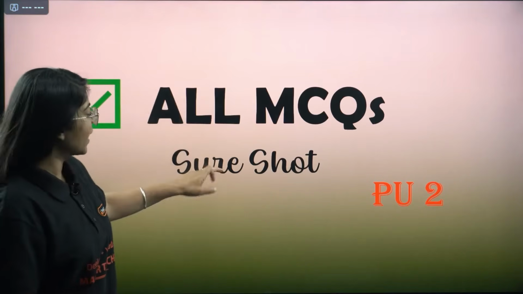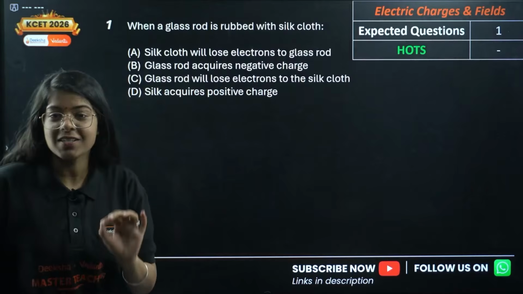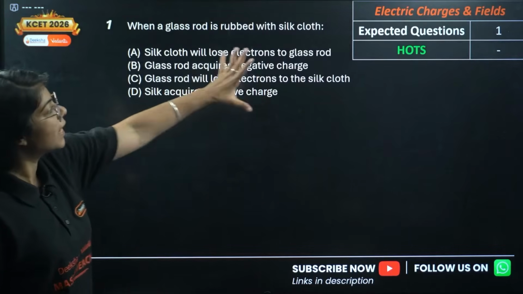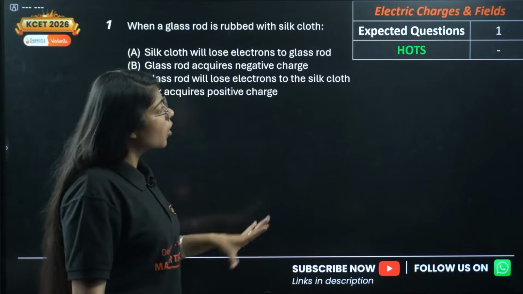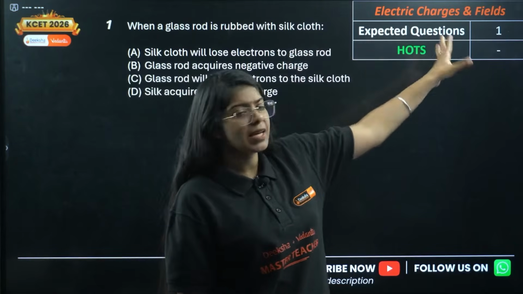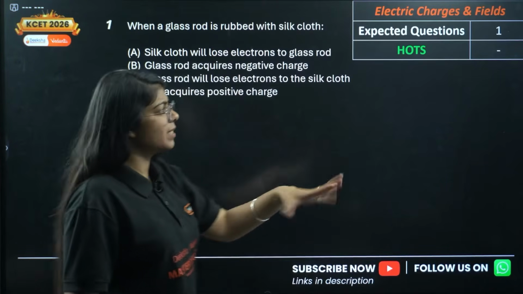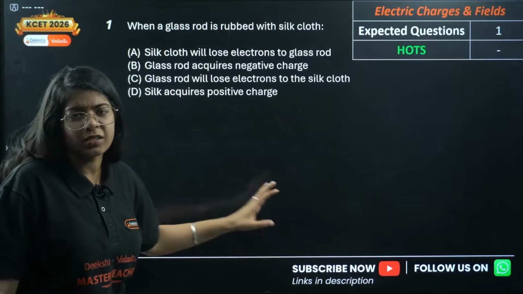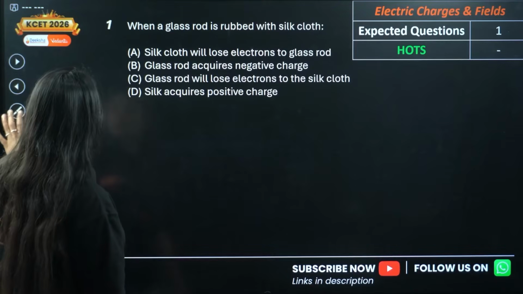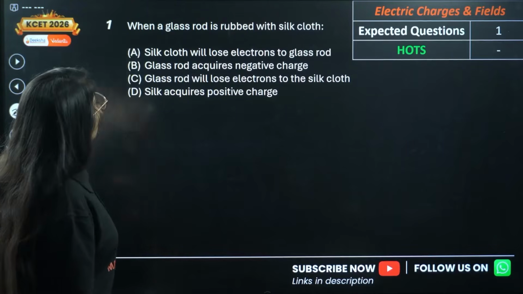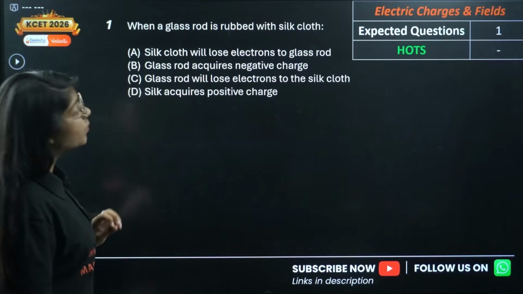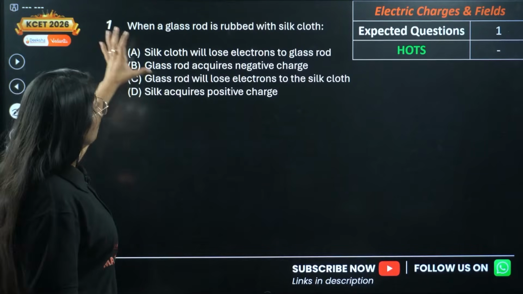Okay, let's start with our very first MCQs from the chapter electric charges and fields. Now according to the blueprint, the expected question is 1 from this chapter, that is MCQs, and HOTS is almost 0. So the first question says, when a glass rod is rubbed with silk cloth, what will happen?